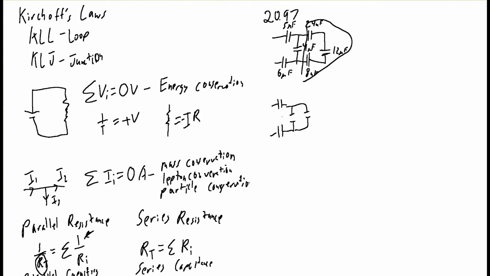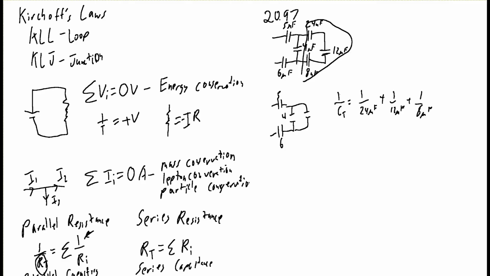This is 4, 6, and 5, and this guy is something. Well, he's going to be 1 over C total is equal to 1 over 24 microfarad plus 1 over 12 microfarad plus 1 over 8 microfarad.